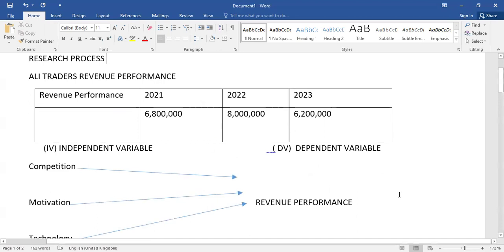Now, in this case, the knowledge gap is that there's a reduction of profit. We can say that in 2023 revenue performance decreased.